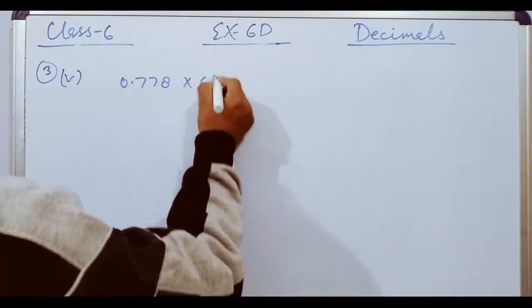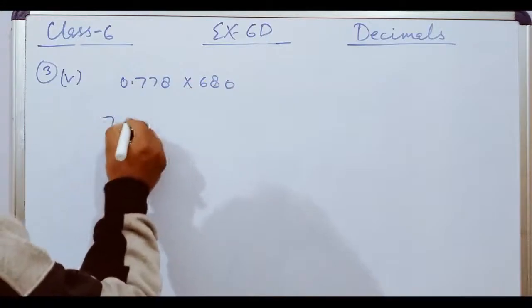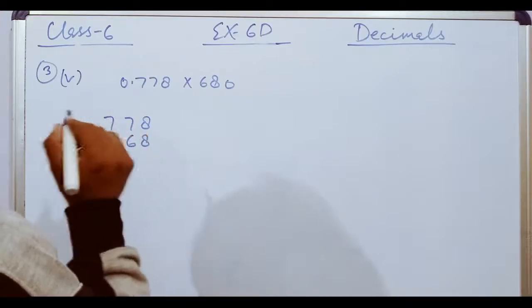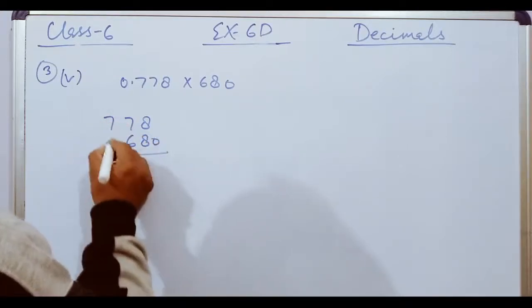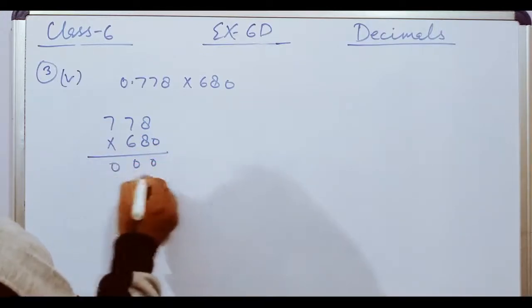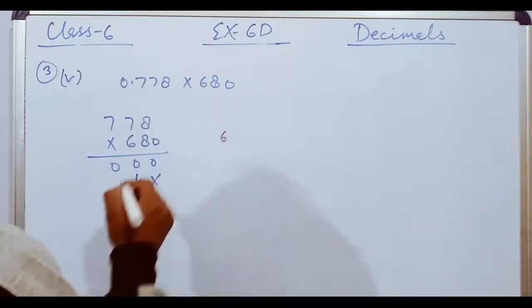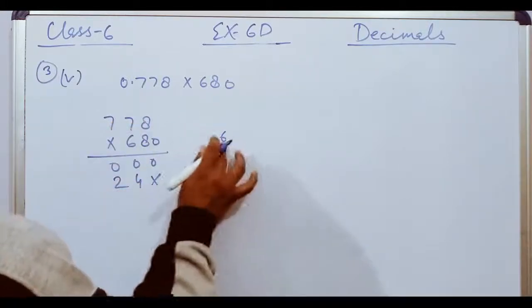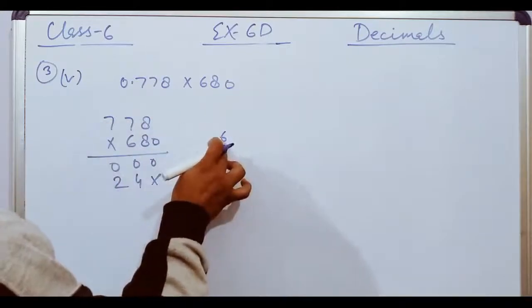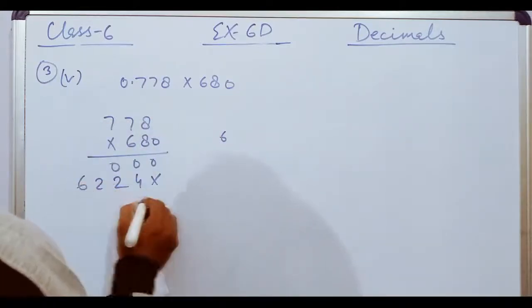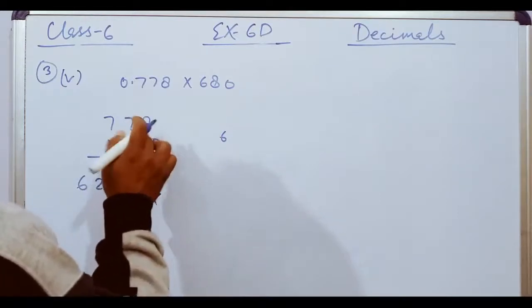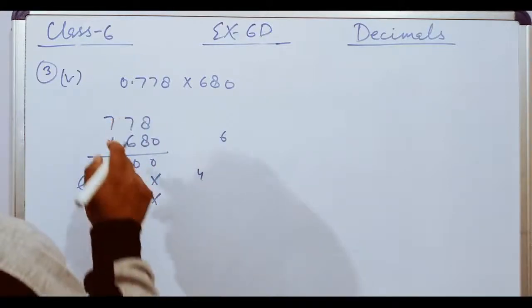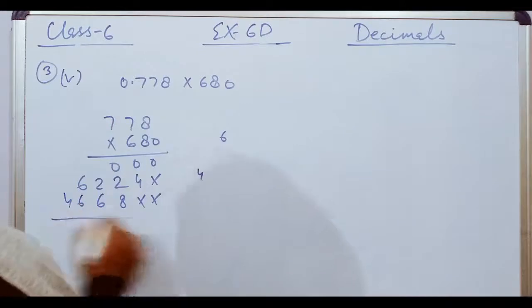Now fifth part, 0.778 into 680. Now 778 by 680. You have to multiply, 0, 0, 0. 8 eights are 64, carry 6. 8 sevens are 56, 62, again 6, carry, 8 sevens are 56, 62. Now 6 eights are 48, carry 4. 6 sevens are 42, 46, carry 4. 6 sevens are 42, 46.